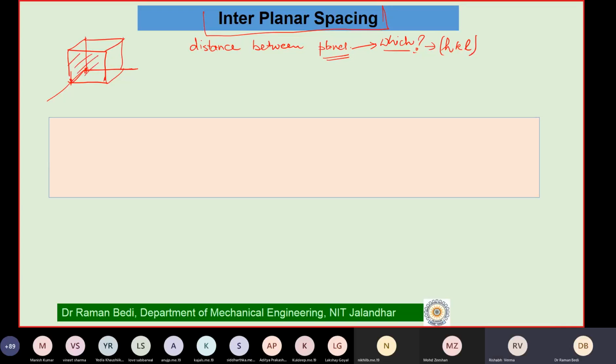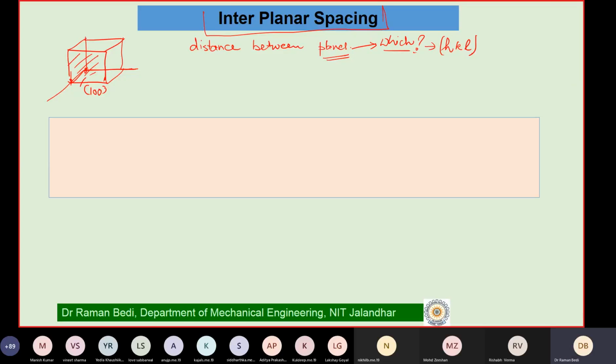we said the front face of the cube was given as which plane? Front face was indexed normally by us as which plane? What are the indices of the front face? 100. Am I right?